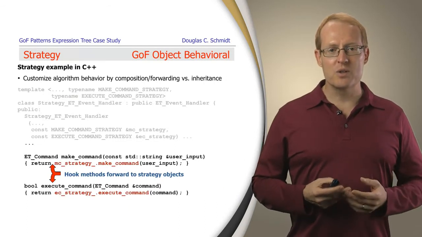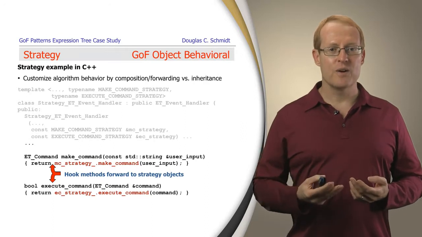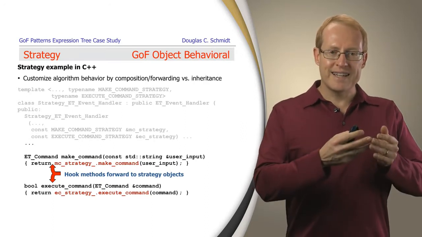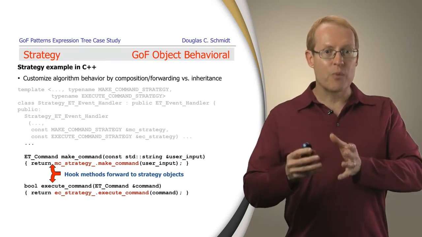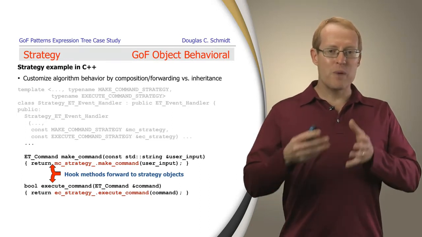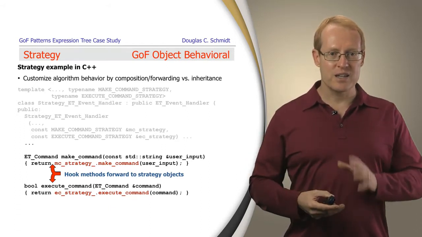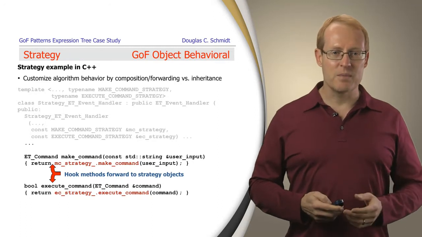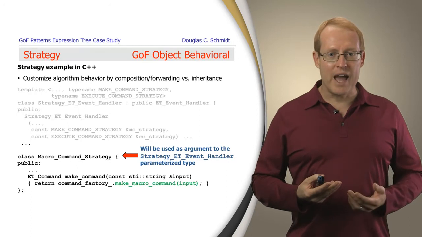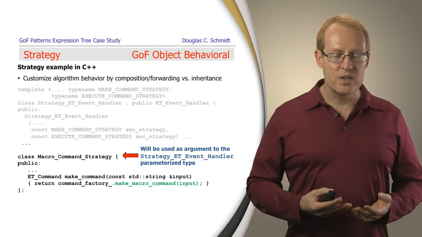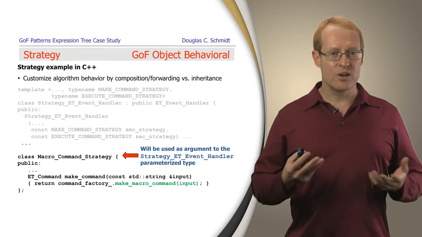What we can then do is have the hook methods defined on our strategy ET event handler turn around and forward to the appropriate strategy objects that were configured in the constructor, based on the templates that we used when we instantiated this particular class. I'll show you a bit more of that in just a second to make it a little bit more clear. Here's an example of something that we might have as a macro command strategy. This is used as an argument to the template class, to the strategy ET event handler parameterized type.